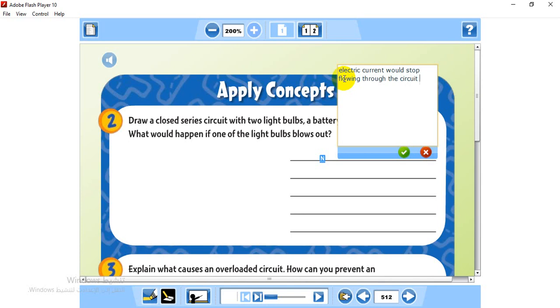Okay, so the second light bulb would do what? Would turn off.